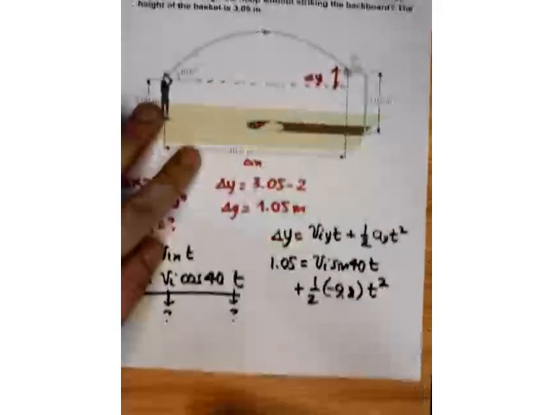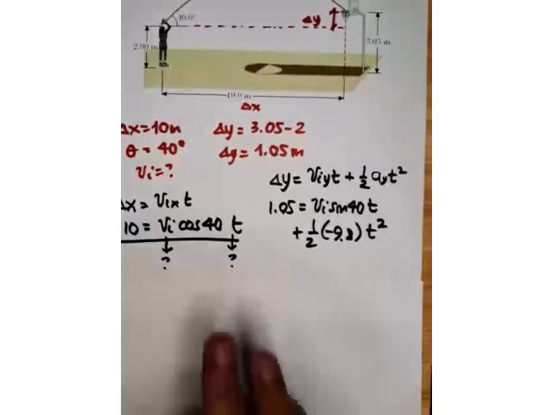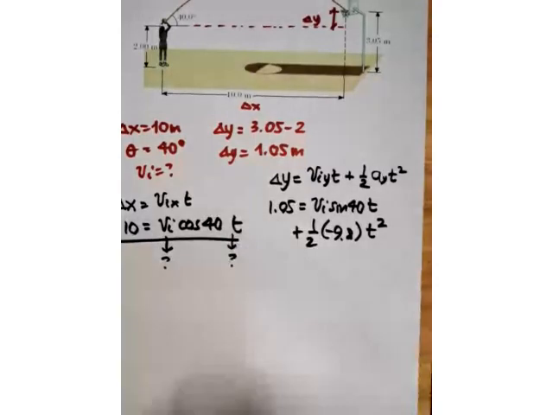So we have two equations with two unknowns. Right? Okay, let's combine equation 1 and equation 2.